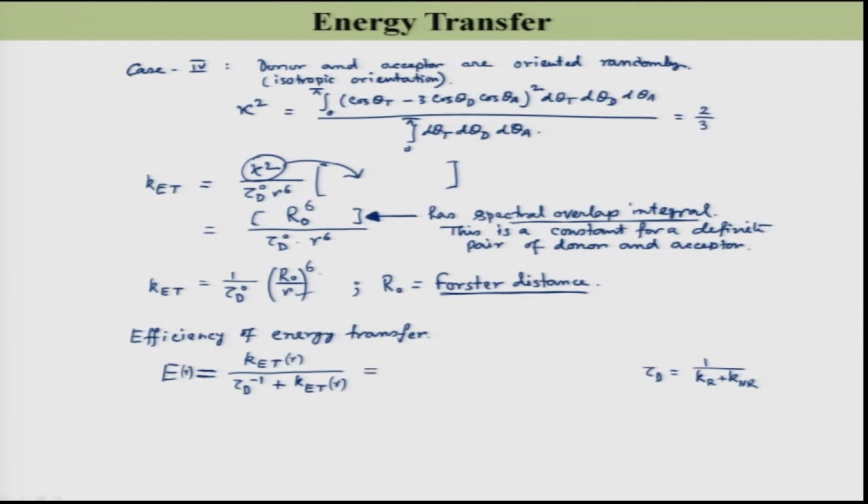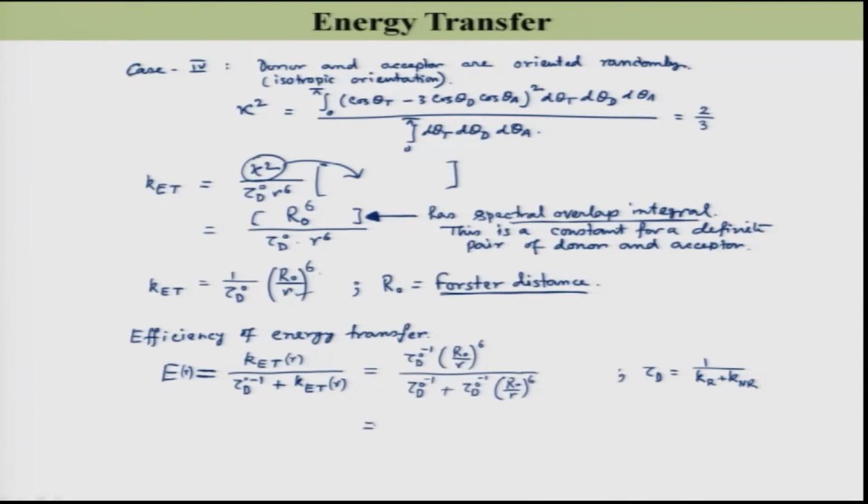Then I can simply put the expression of K_ET(r) into this equation. So this will be tau D0 inverse into (r0 by r) to the power 6, divided by tau D0 inverse plus tau D0 inverse times (r0 by r) to the power 6.